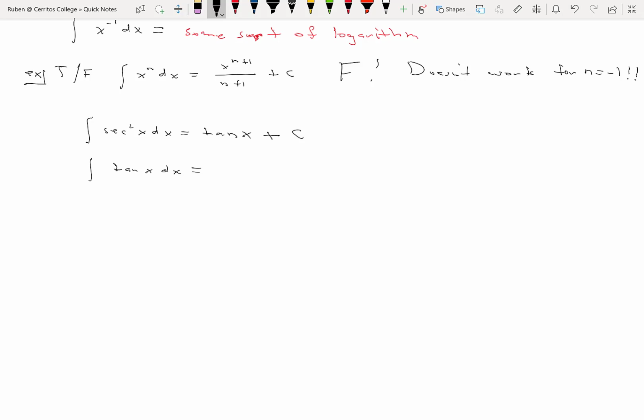The problem is we need this antiderivative, and it's not available in Calculus 1. This is also some sort of a logarithm. So there's a lot missing from the integration that you learned in Calc 1, and that's an understatement.